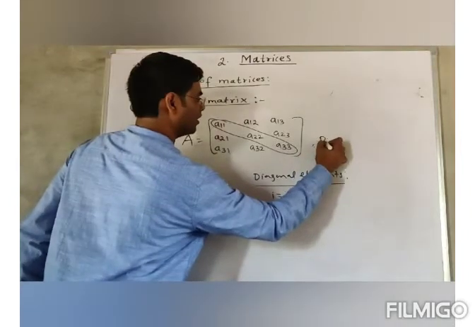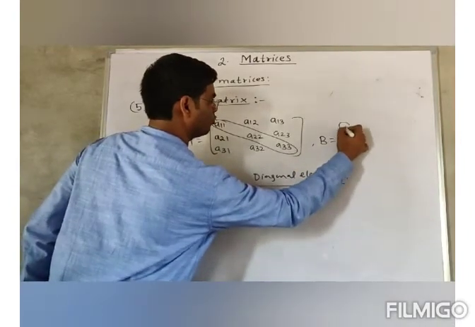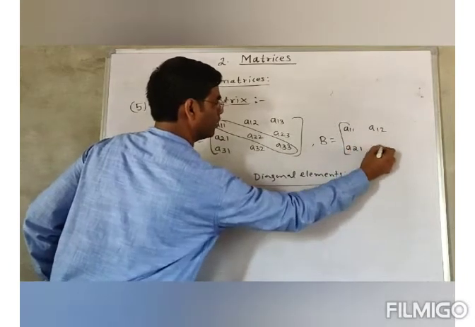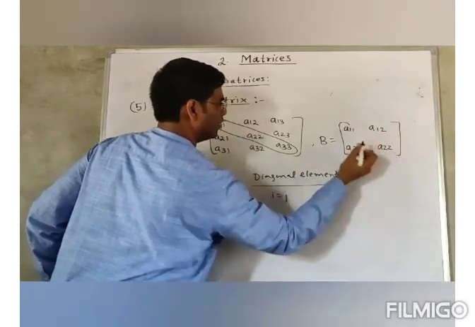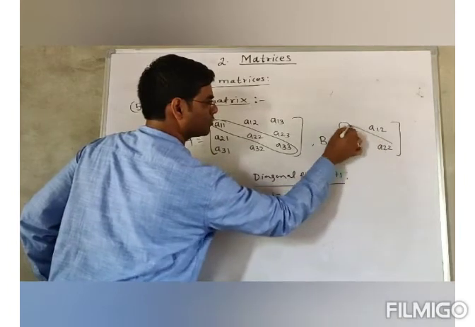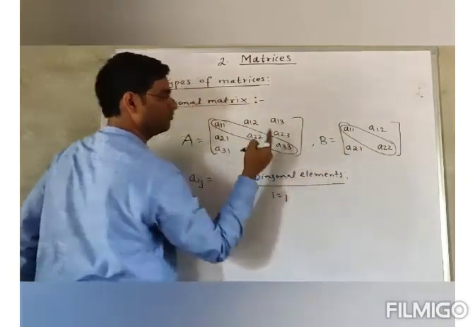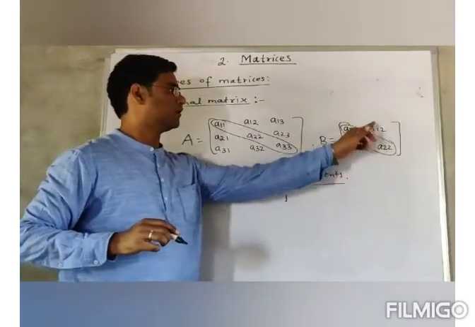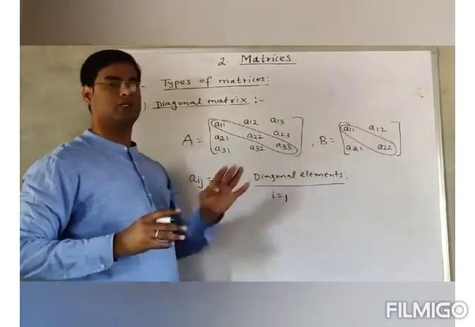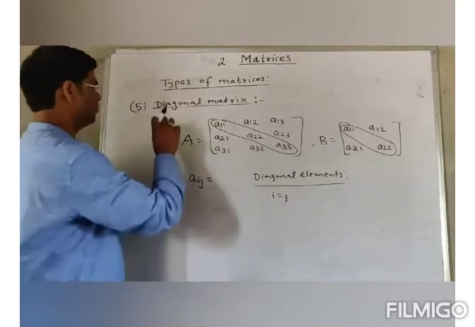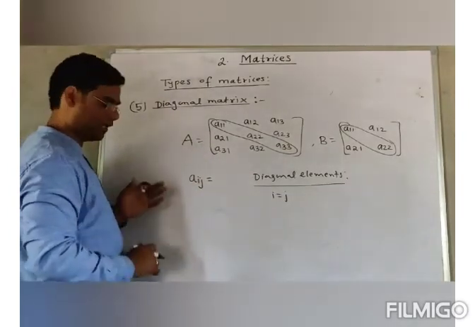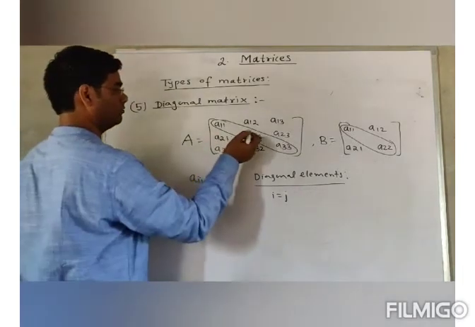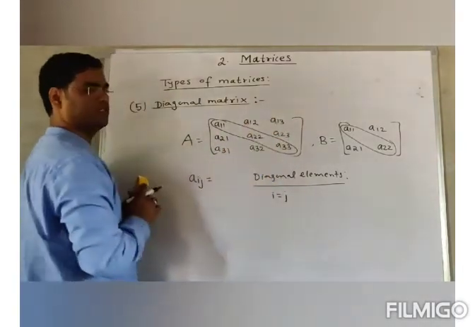Let us take an example of a matrix of order 2 by 2: A11, A12, A21, A22. Here i equals j means first row, first column, second row, second column. A11 and A22 are known as diagonal elements, and the remaining 2 elements are known as non-diagonal elements. Now let us see the definition of a diagonal matrix. A diagonal matrix is a matrix in which all the non-diagonal elements are 0.